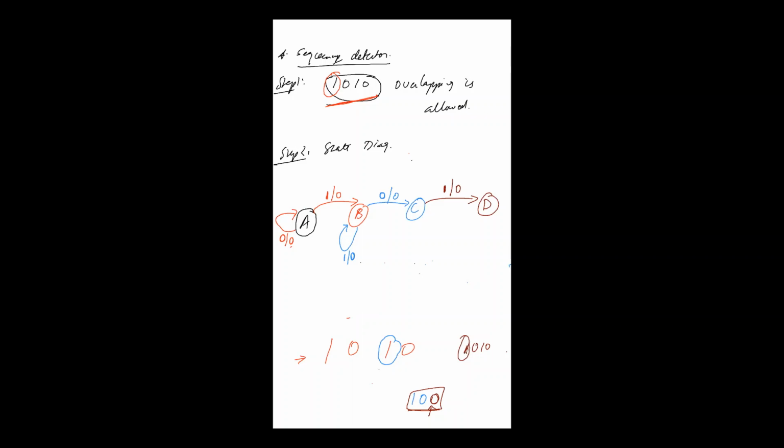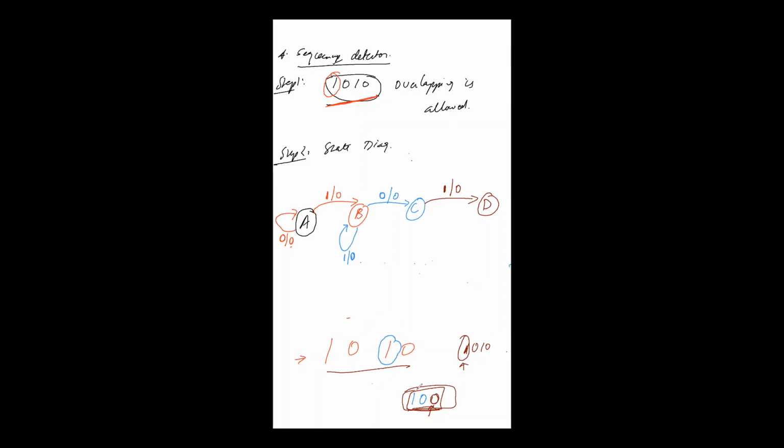If you are at state C and you get input 0, this sequence cannot be used, and this number also cannot be used, because the first bit of the sequence is 1 but you continuously got two zeros, so this is not the correct sequence. What you want is 1 0 1 0, but right now what you got is 1 0 0.